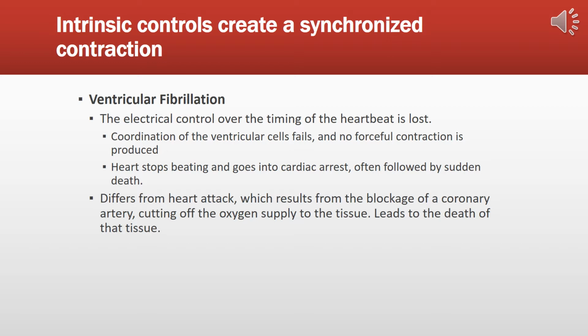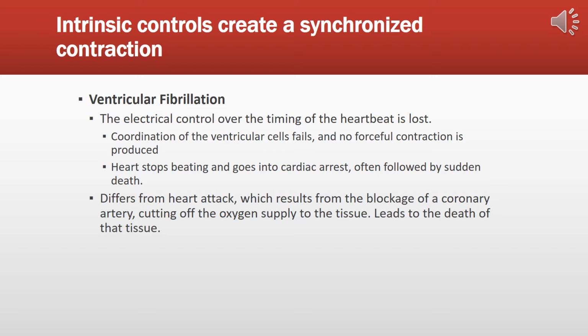In this condition, the ventricular cardiac cells can no longer beat in a coordinated fashion, and this means that they can no longer create a contraction forceful enough to either push blood into the lungs if it occurs in the right ventricle, or push blood into the aorta or the vessels connected to it if it's the left ventricle that's affected.